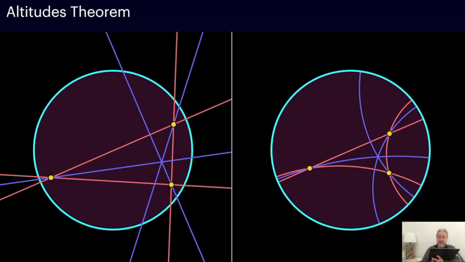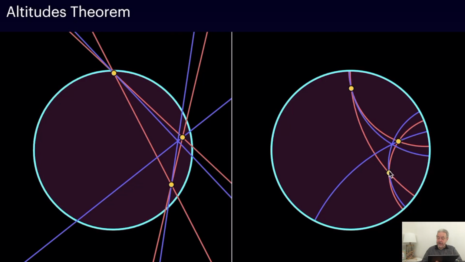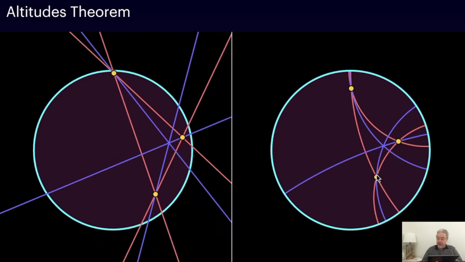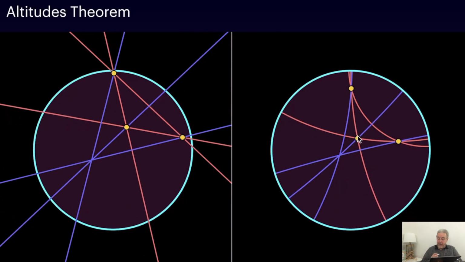Let me show you some interesting peculiarity that you get here. Let me move to a kind of more extreme position. So I move those points a little bit closer to the boundary, and now I move 1 point closer to the other two, and you see it may happen that the altitudes intersect outside the triangle. And well, this may happen even in Euclidean geometry, so this is not very special. But look what happens now.